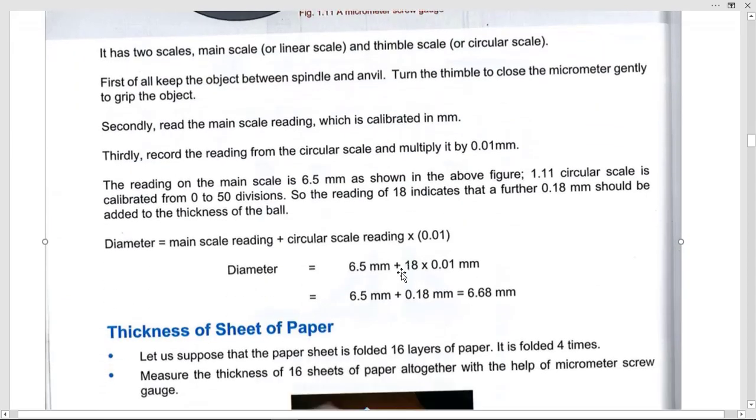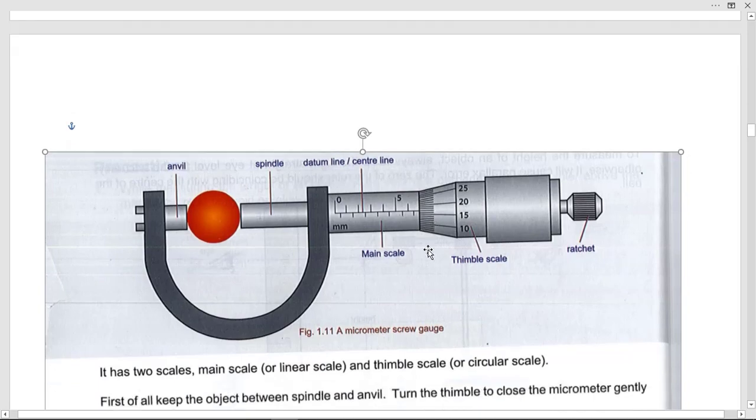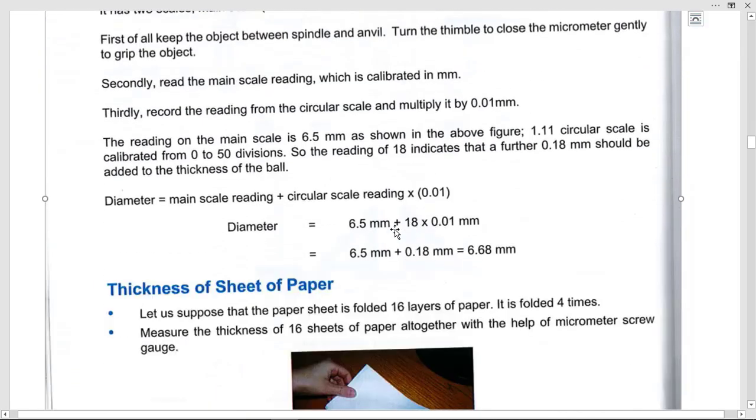So what you will do, 18 multiplied by 0.01. Why? Because these scales are representing the hundredth parts of a millimeter. So when you are taking any line, for example here 18, you will just divide 18 by 100, or in other words you can say 18 multiplied by 0.01. Got it?